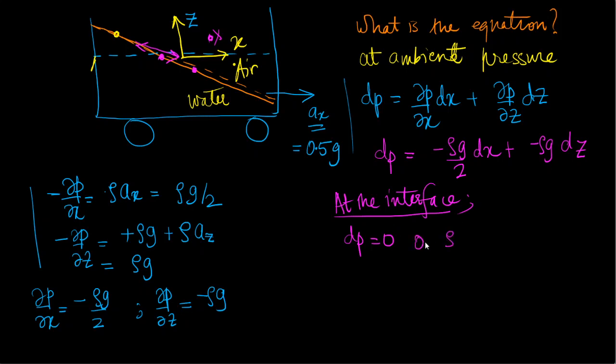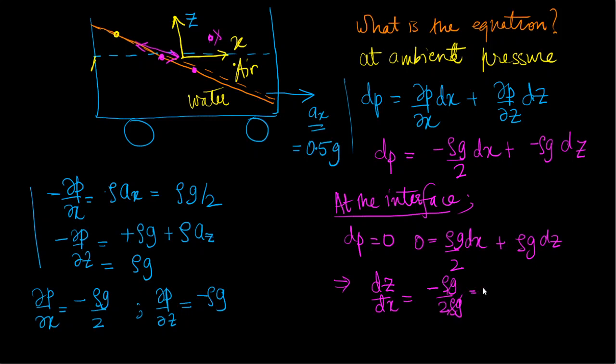So we have 0 is equal to rho g upon 2 dx plus rho g dz. This implies at the interface dz upon dx is going to be equal to, so we've taken this on the left hand side, so minus rho g upon 2, and that will be divided by rho g.